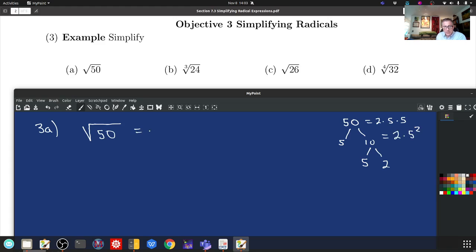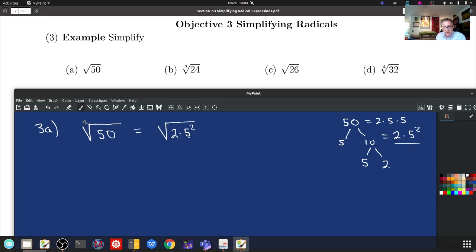So that's what I'm going to write over here. Remember, my unstated index here is always 2, so I'm taking the square root. I'm not writing 50 as it is, but rather this way, 2 times 5 squared.